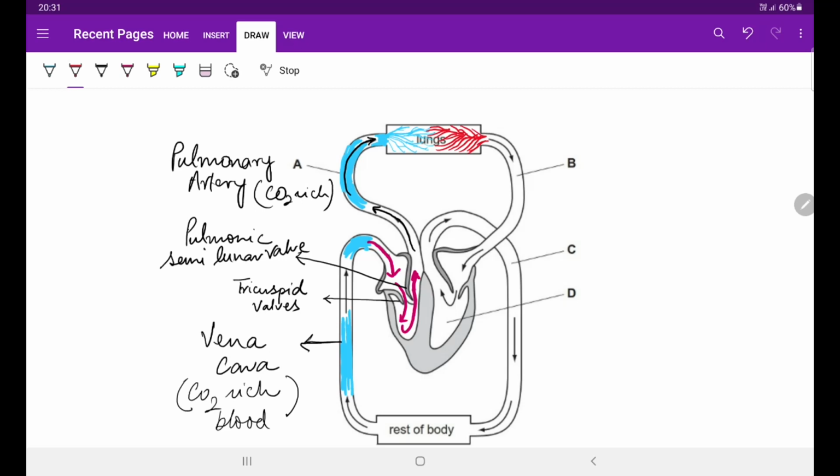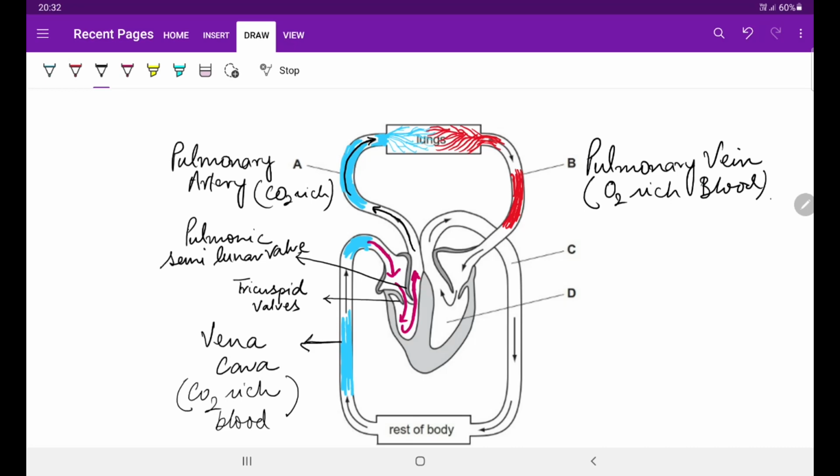But this time they are carrying oxygen rich blood through a different set of blood vessels, and these blood vessels are labeled as pulmonary vein. And I hope you all remember the term pulmonary is referring to lungs. So, the pulmonary vein carries oxygen rich blood back to the heart.